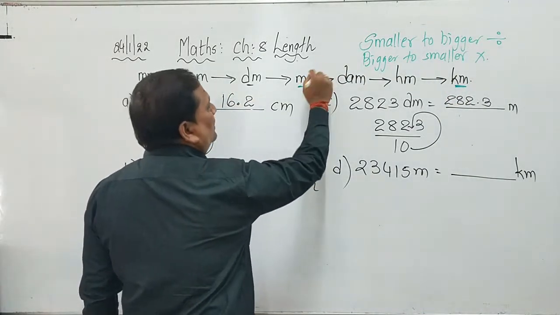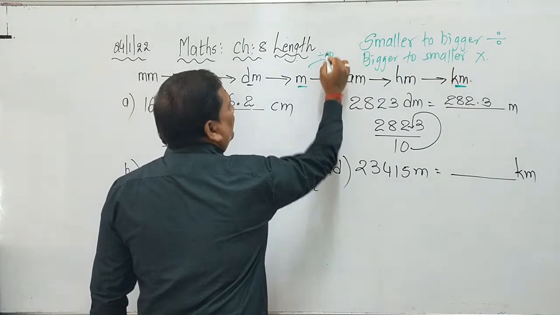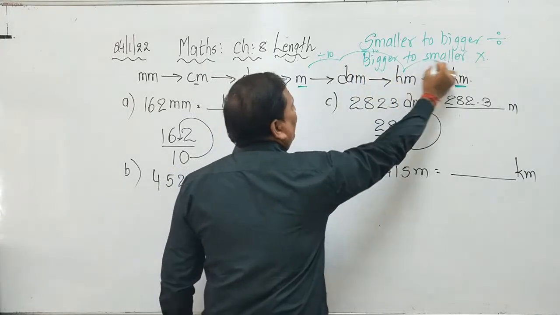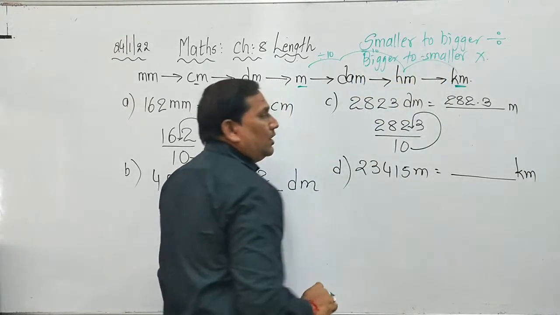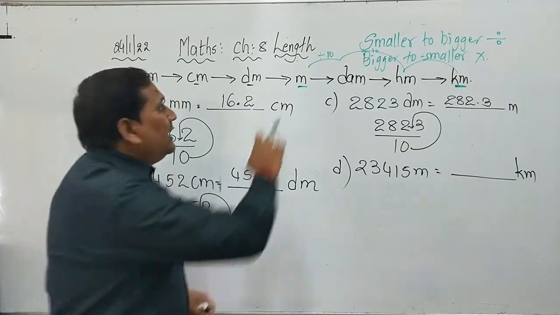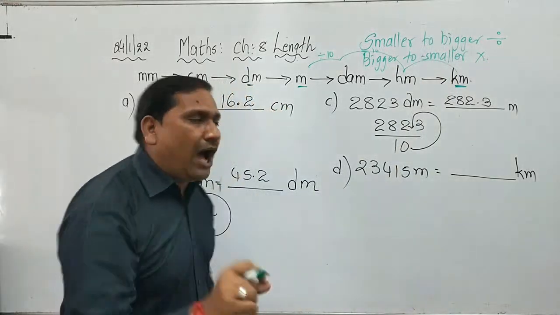So look students, over here we have to divide by 10, and again I have to divide by 10. So in total I have to divide it by what? 10 tens are 100, 100 tens are 1000.